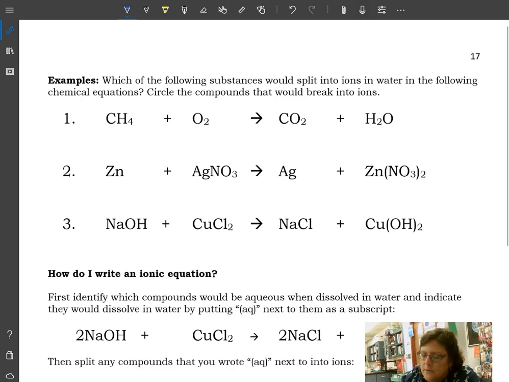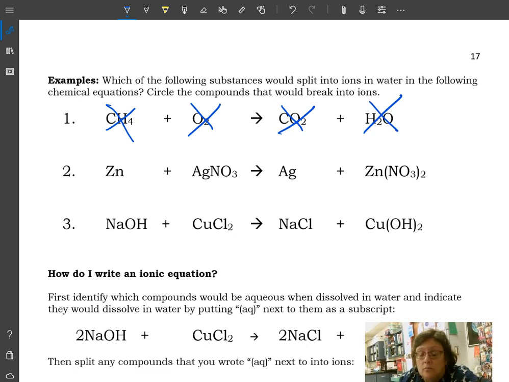All right, our last little bit here. Which of the following substances would split into ions in water in the following equations? Okay, methane, covalent, not going to happen. Oxygen, not going to happen. Carbon dioxide, no. The water won't. Zinc, of course, it's not a compound. It's an element.